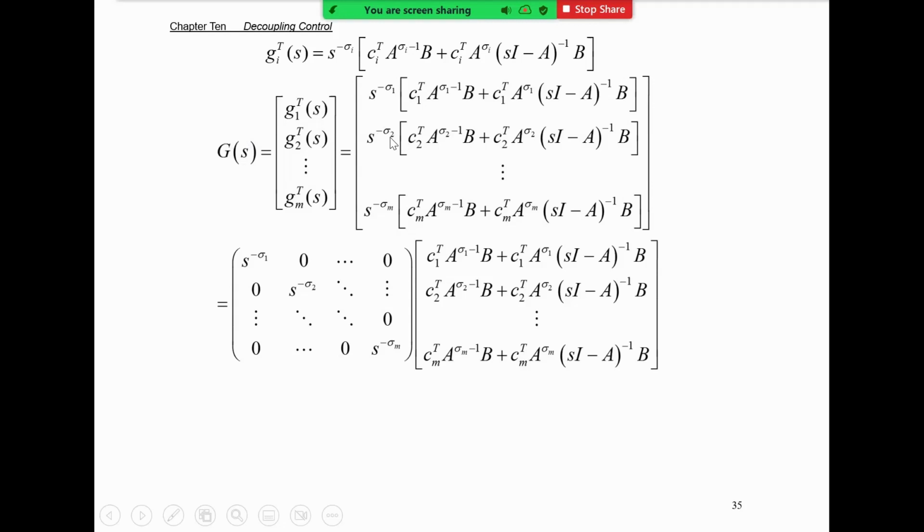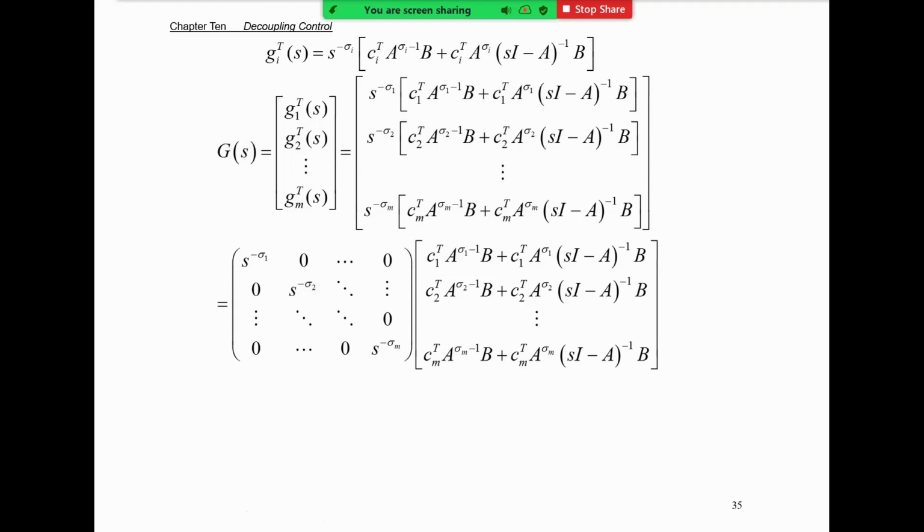The relative degree is sigma 2, so s to the minus sigma 2, and this one is c2 A to the power of sigma 2 minus 1 times B, plus c2 A to the sigma 2 times the inverse of SI minus A times B. So we can just write out the expression for each row.